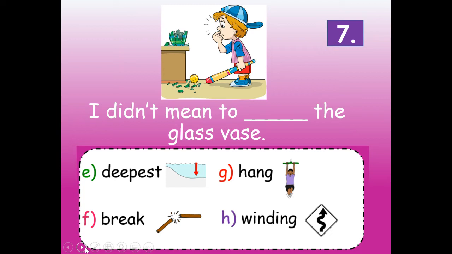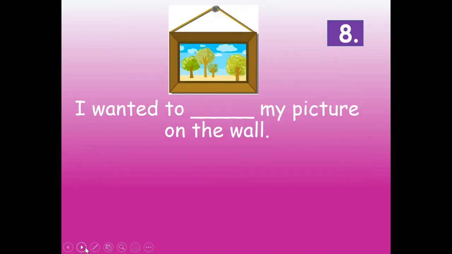Look at your picture clues and what makes the most sense in the sentence. Break. I didn't mean to break the glass vase. B-R-E-A-K. Break. If I go too fast, push pause, but if not, we're on to number 8 and we're halfway done.